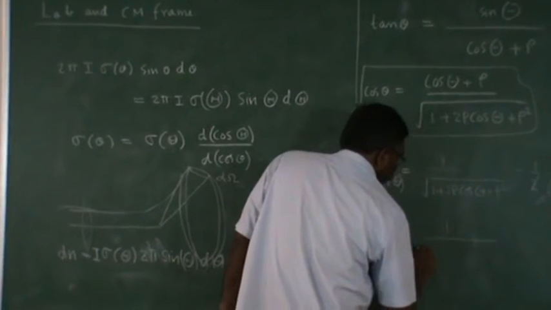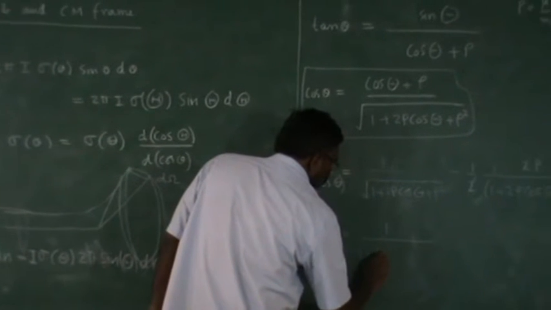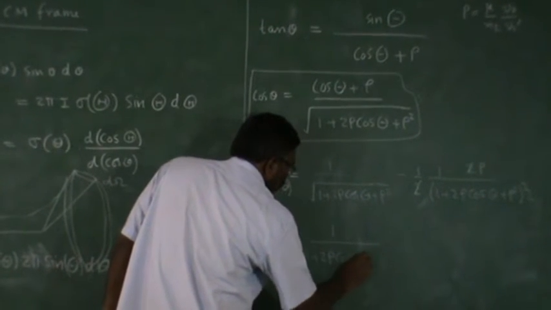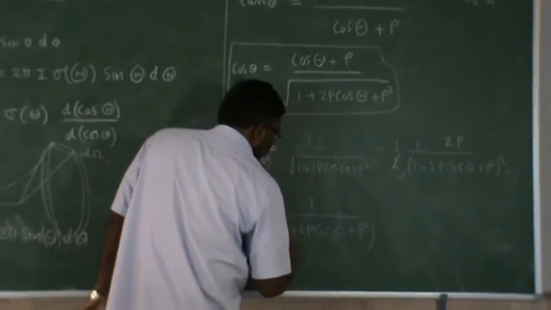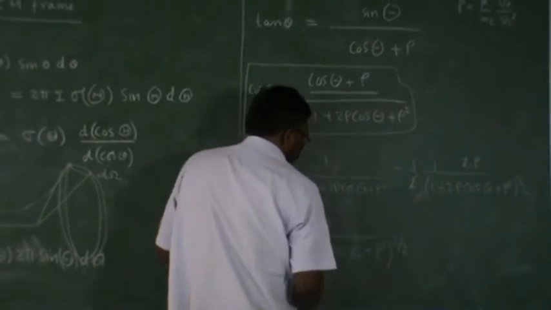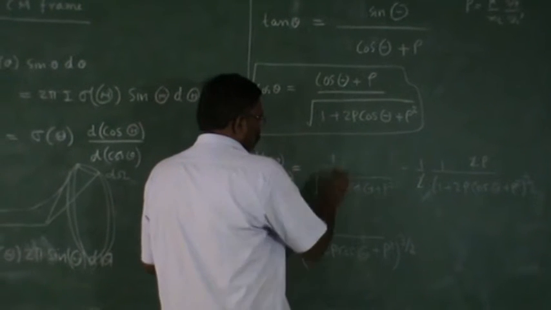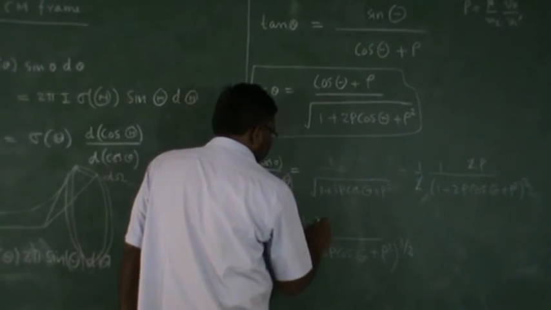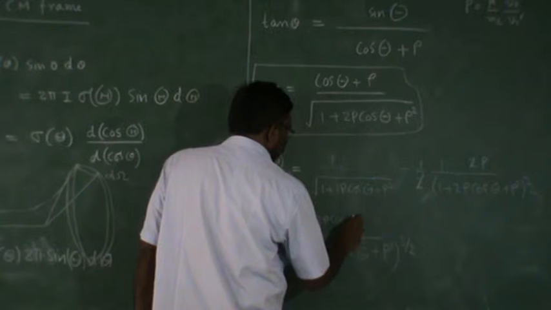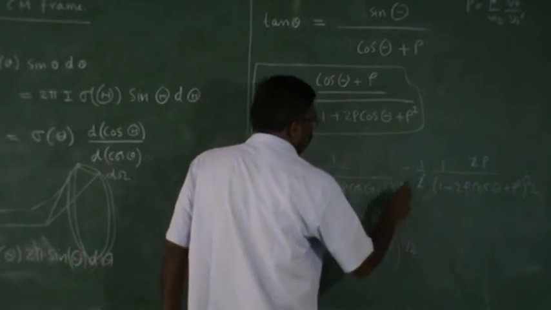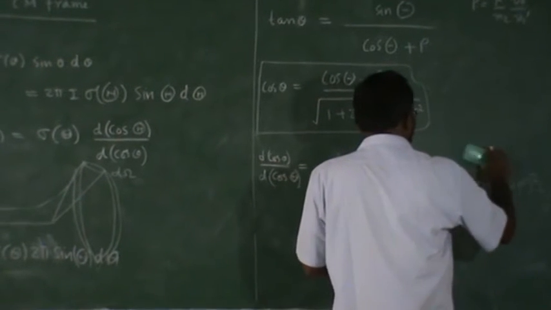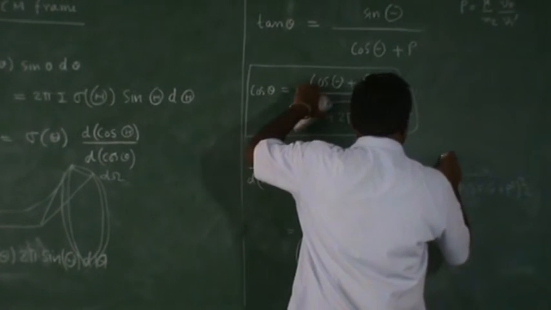1 by (1 plus 2 rho cos theta plus rho square) to the power 3 by 2 as a common factor, then here I will have 1 plus 2 rho cos theta plus rho square, sorry, this term will be there, right?